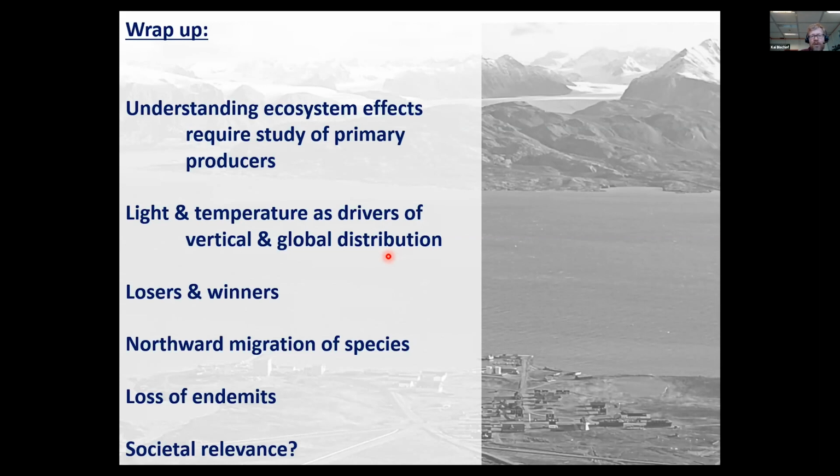We observe a northward migration of the different species, but as I said, maybe at the expense of the very, very few endemics. And we can say, well, why should we care? Of course, we should care in terms of maintaining biodiversity. That would be a loss. We do not know what we will be losing if we lose just any of these species.